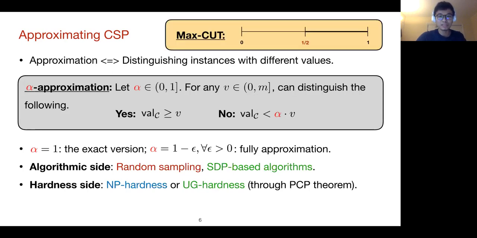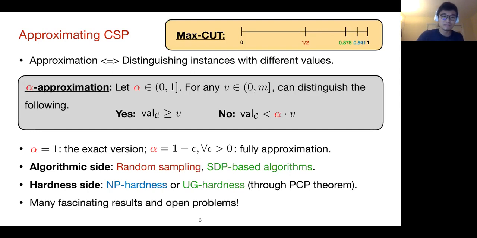For example, in Max-DICUT, there's a trivial 1/2 approximation algorithm, and the SDP algorithm gives you 0.87a, and the NP hardness only gives you 0.9441, but the unique game hardness gives you exactly what you can get from the SDP algorithm. It is a very fascinating area and has lots of open problems.